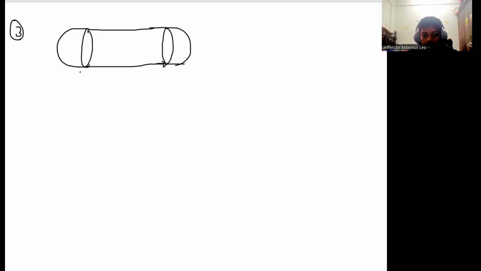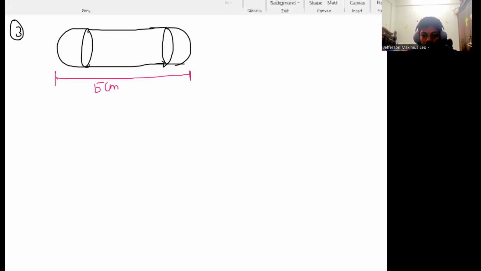So the total length of the gulab jamun is 5 centimeter, from this tip to the last. The diameter is given, so the diameter means this cross length. The diameter is equal to 2.8 centimeter.